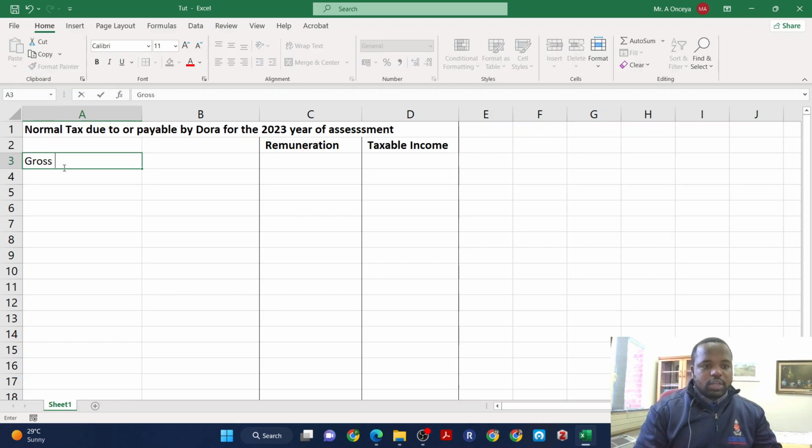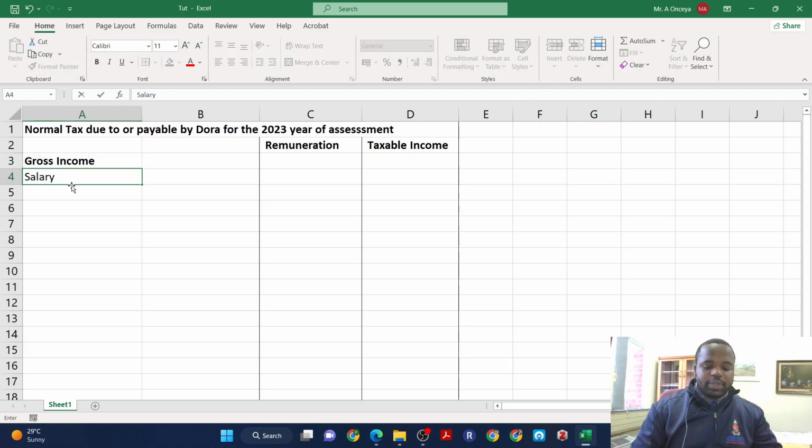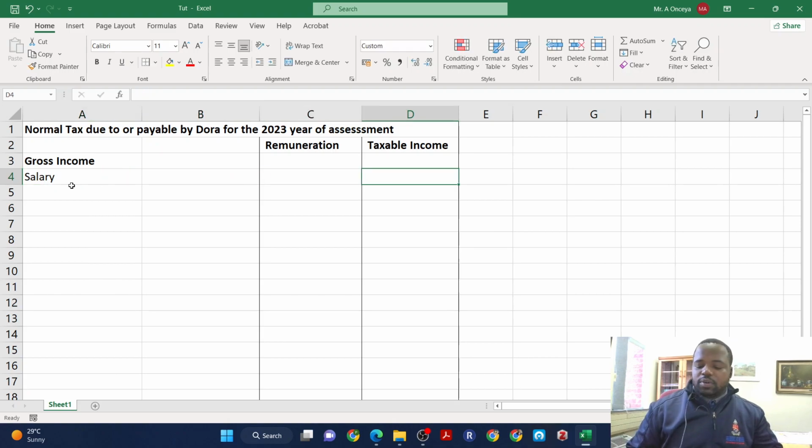So under her gross income, we have a salary. And you should know by now, this is gross income. Remember, we said short reasons where there is no effect; where there is an effect, you don't need to provide a reason why you're including it in gross income.